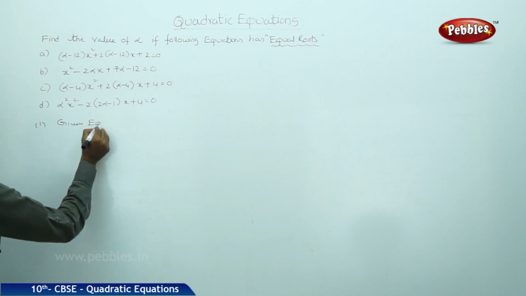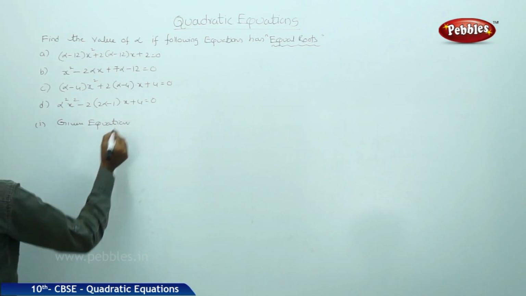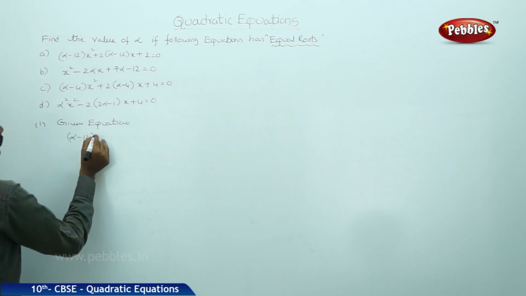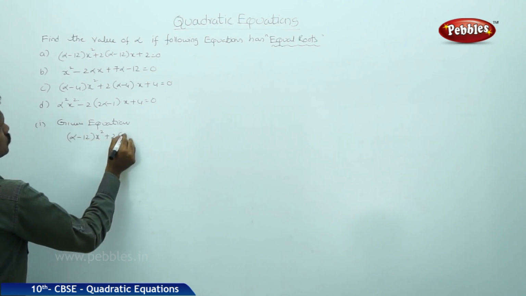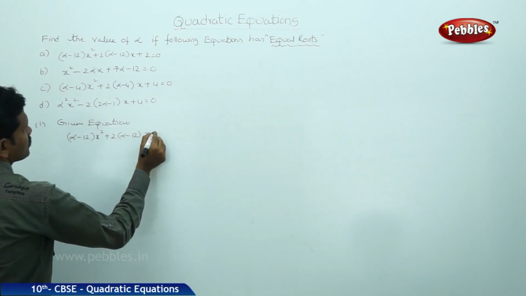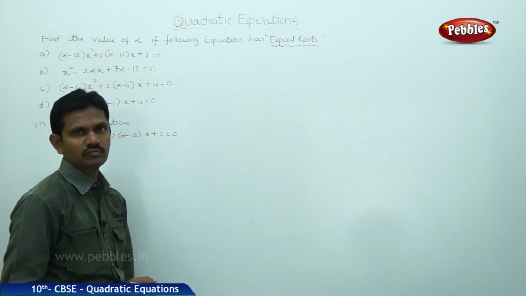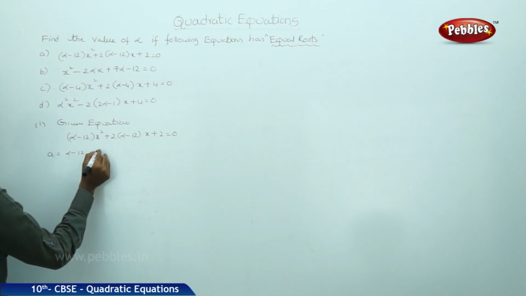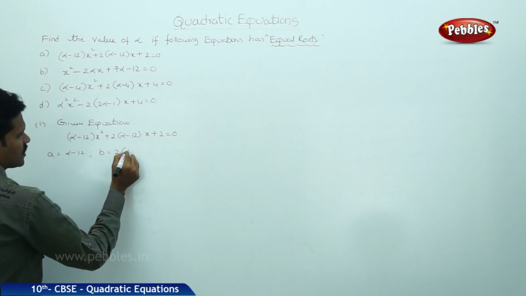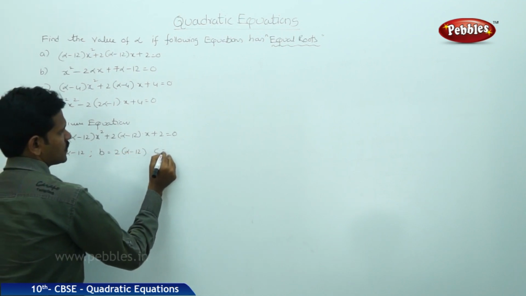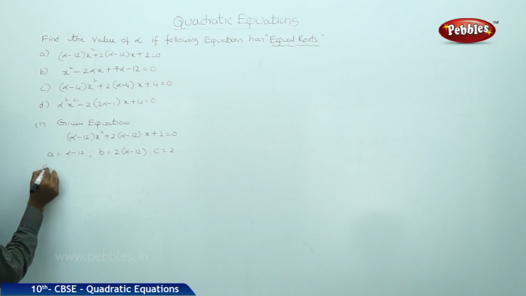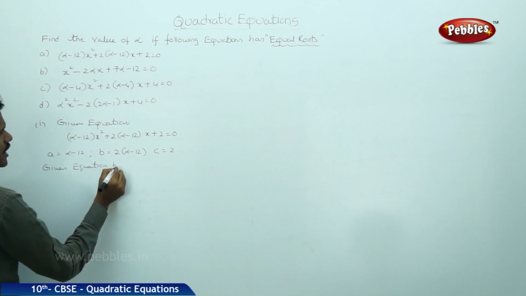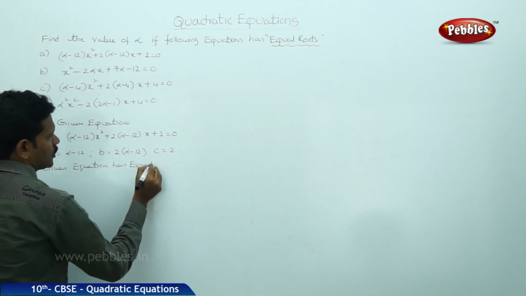A given equation (alpha - 12)x square + 2(alpha - 12)x + 2 = 0. That is, a value is alpha - 12, b value is 2(alpha - 12), c value is 2.